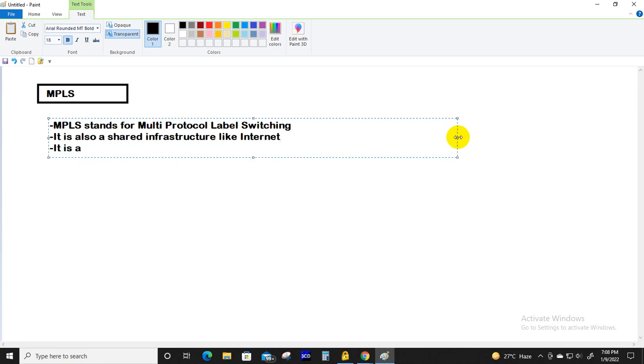It is also used to connect sites together.